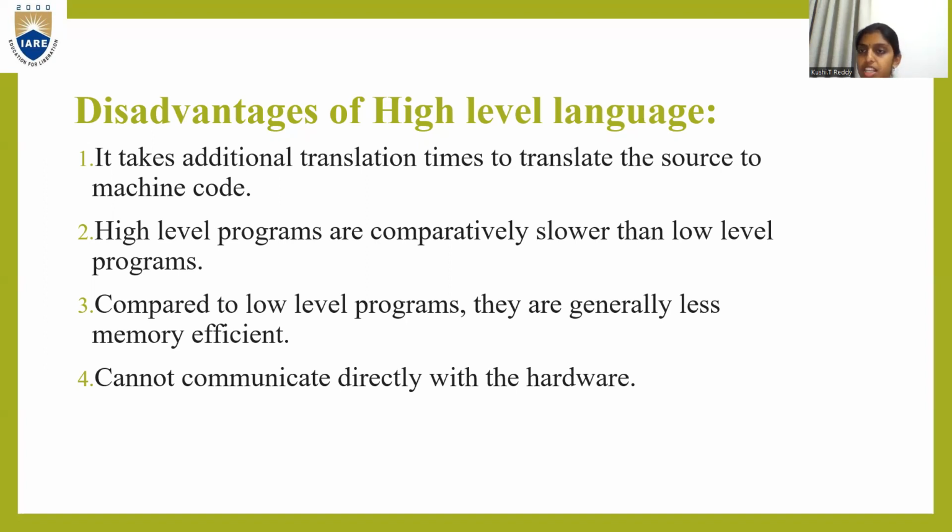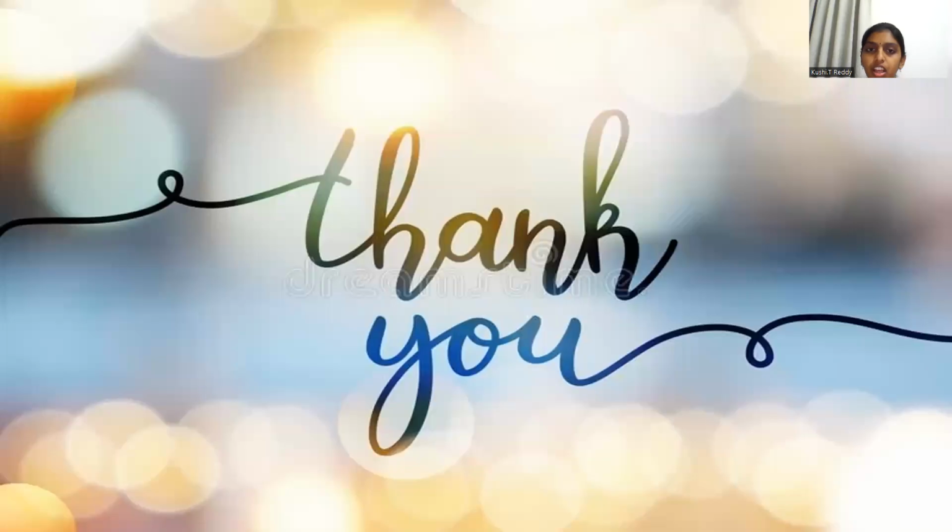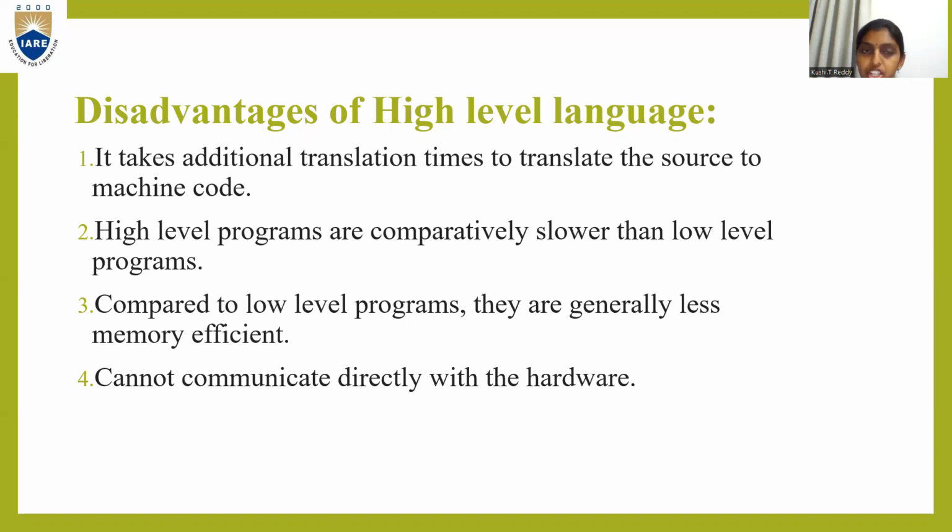So in this whole presentation, we have tried to learn about the difference between high-level language and low-level language. Generally, depending upon the level of abstraction, you have two programming languages: high-level programming language and low-level programming language.